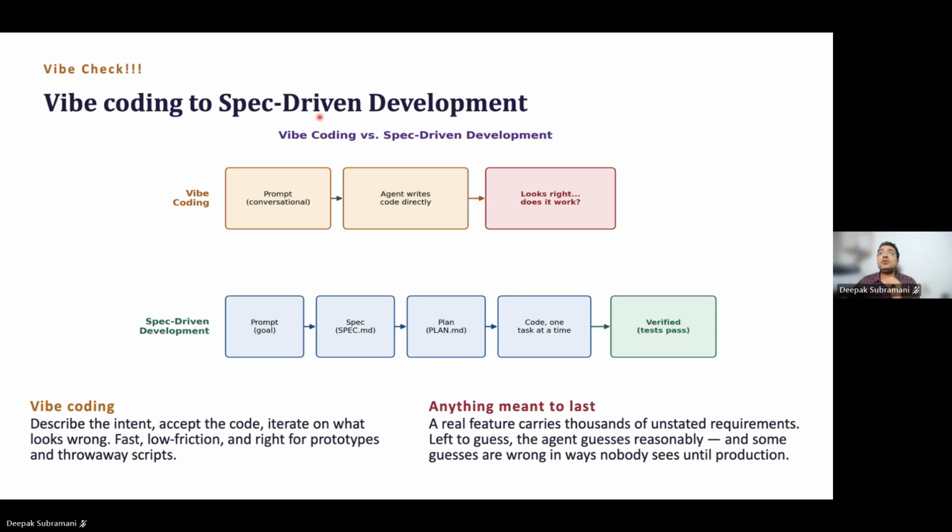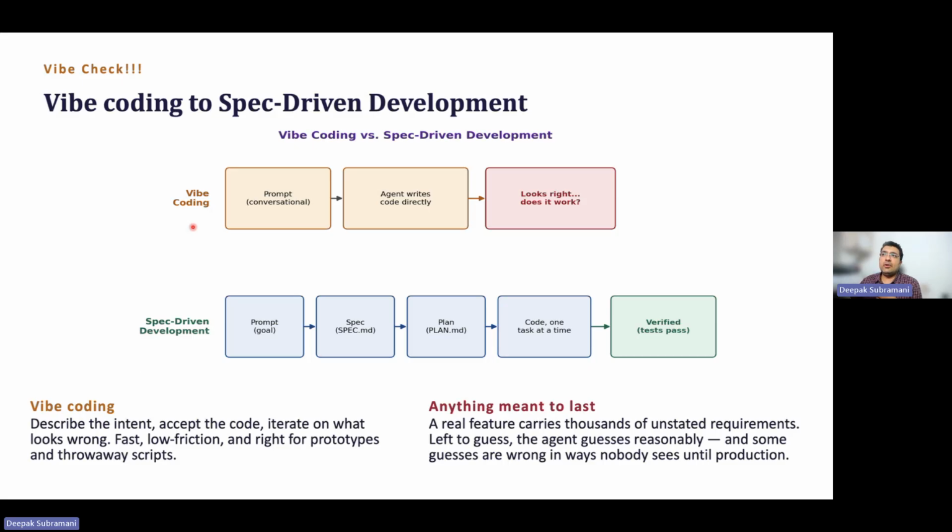At this point, we need to make a distinction between what is endearingly called vibe coding and what I am proposing as a scientific method of developing code called spec-driven development or specification-driven development.